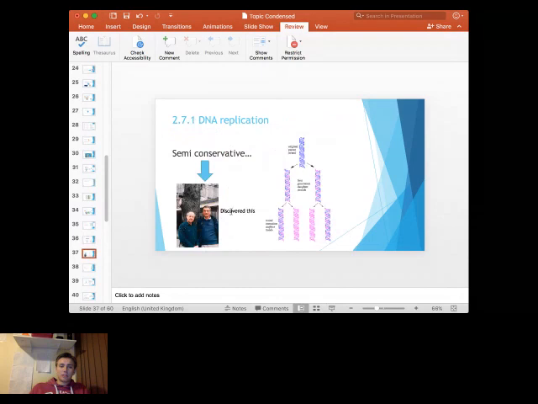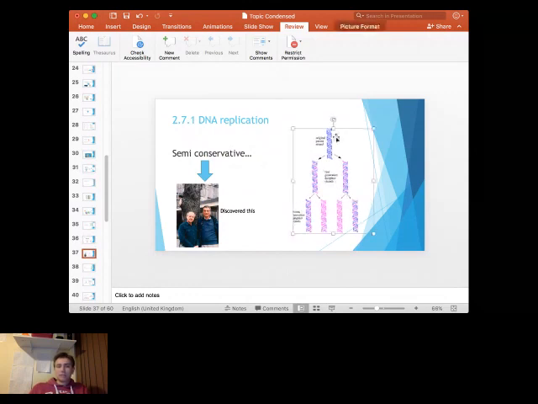The people who discovered this are these two guys down here, called Meselson and Stahl. What they realized, and what they describe by the term semi-conservative, is that when DNA replicates, each parent strand of DNA produces two strands where half of the genetic material is old and half is new.